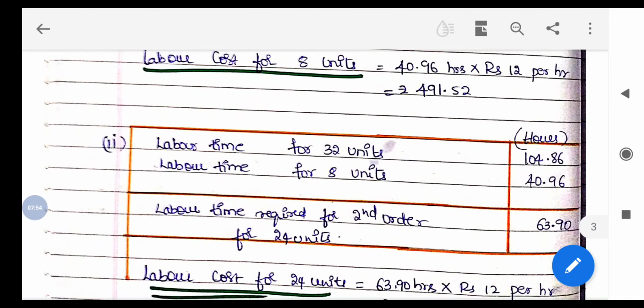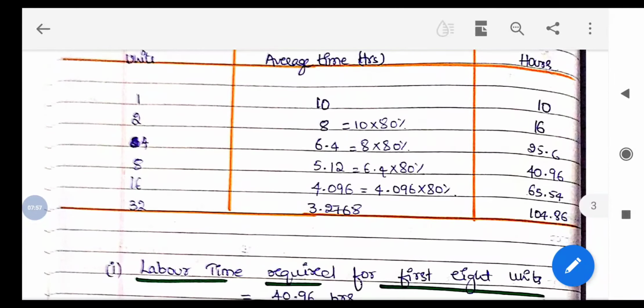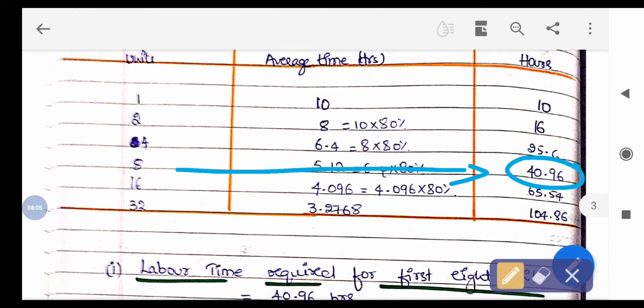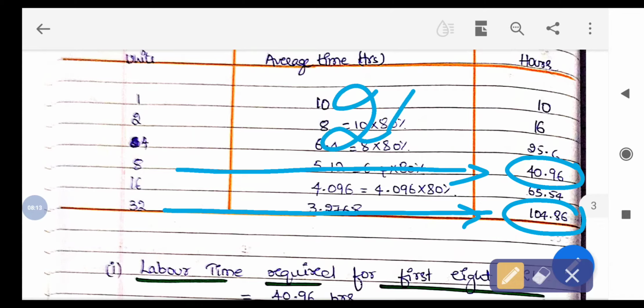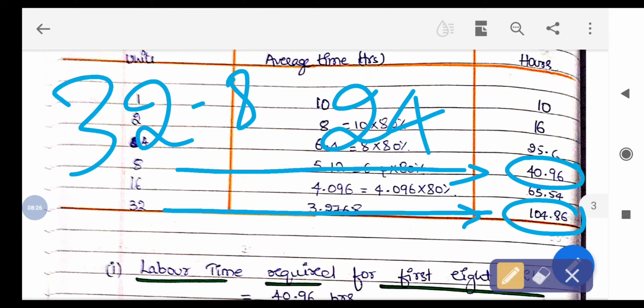We have the total time for 8 units and the total time for 32 units. When we deduct 8 from 32, we get 24.